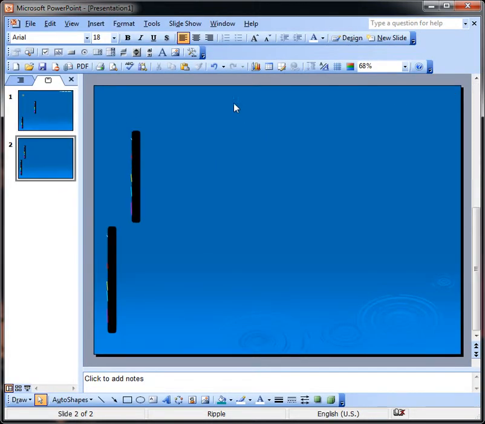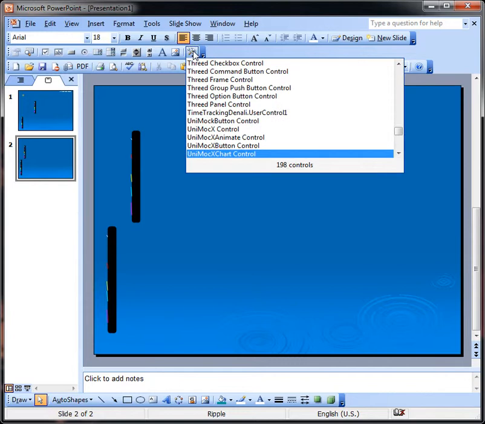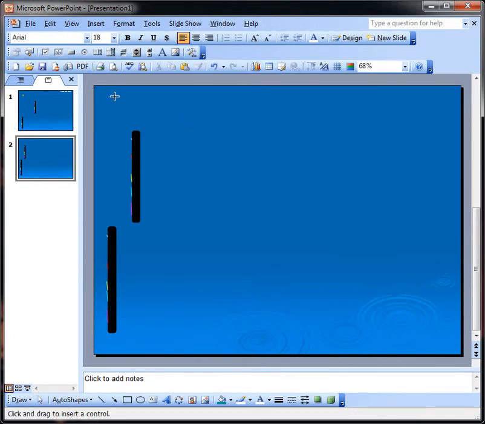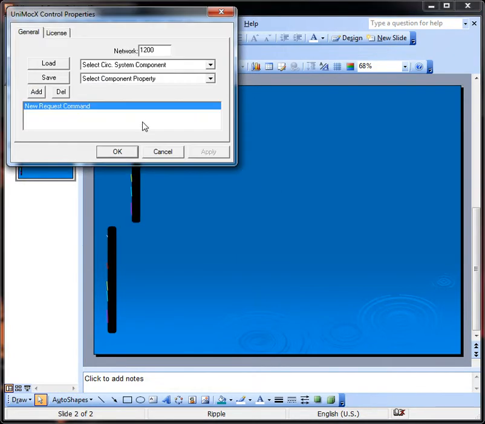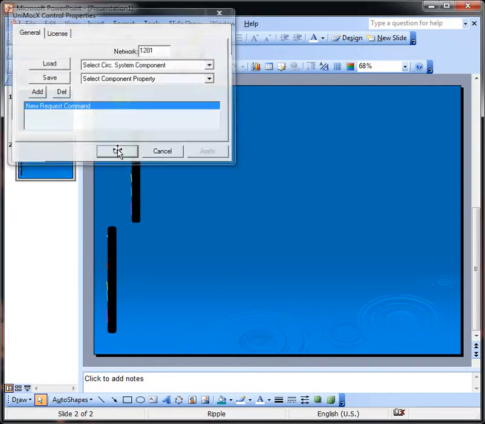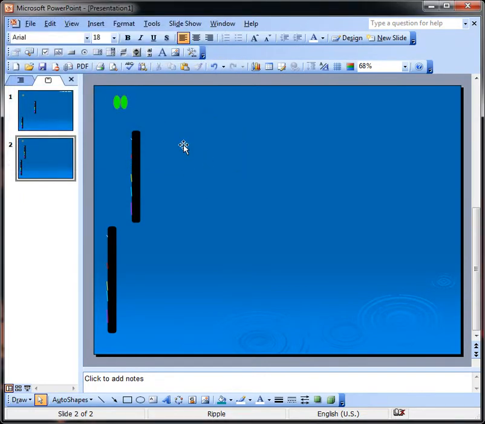Okay, now if we put a UniMocX control on the second page, and we set its property to 1201. Now again, we're putting this on the second page.